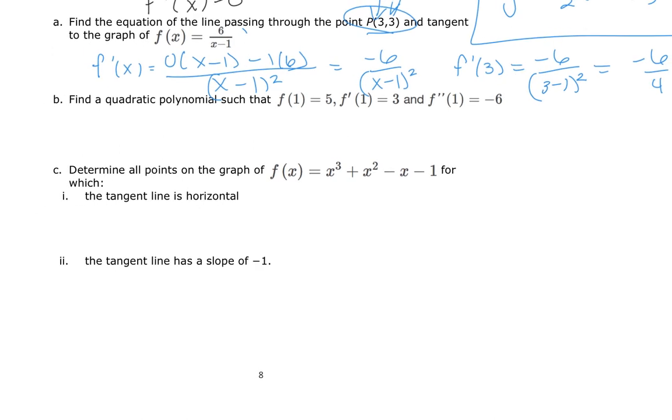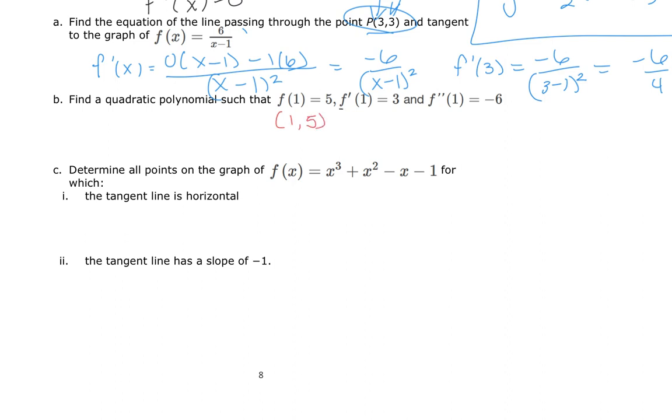Okay, so find a quadratic polynomial such that f of 1 is 5. So this is telling me it has to go through the ordered pair 1, 5.